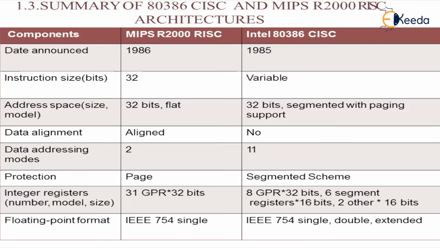Integer registers, 31 GPR of 32 bits. In case of CISC, it had 8 GPR of 32 bits, 6 segment registers of 16 bits, 2 others of 16 bits. And here it required a floating point format, IEEE 754 signal, and in case of CISC, it required IEEE 754 signal level, and it can be extended.